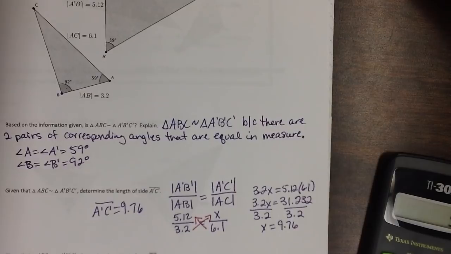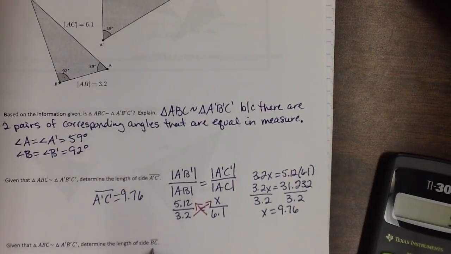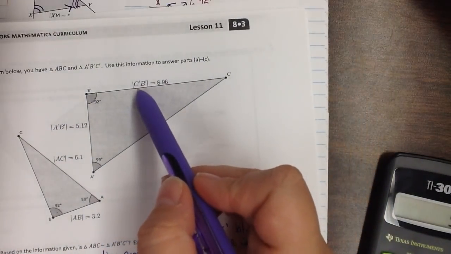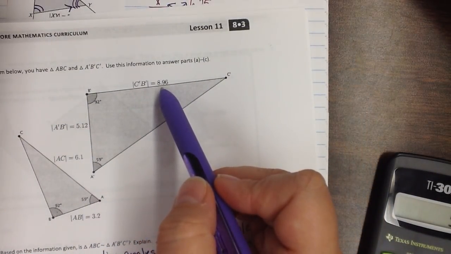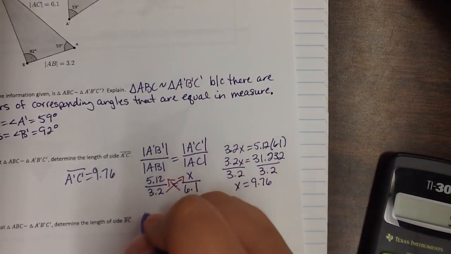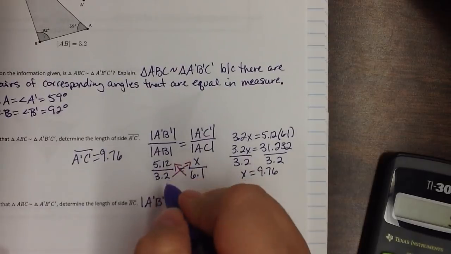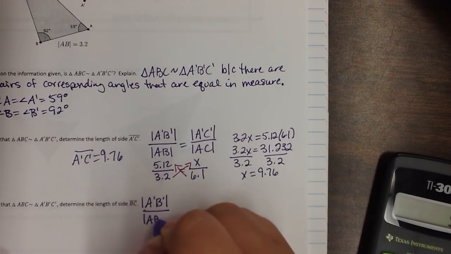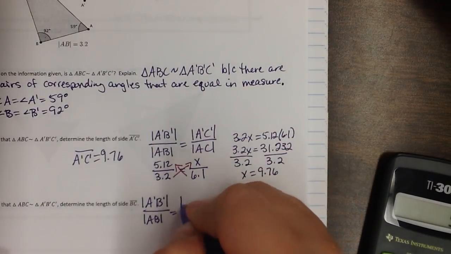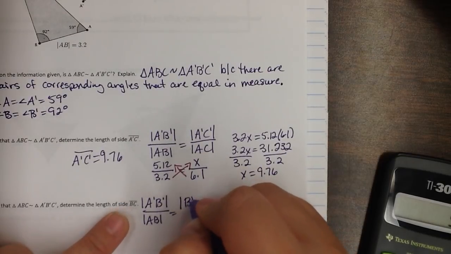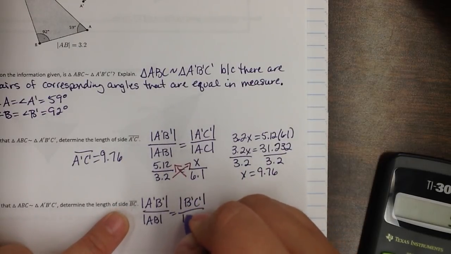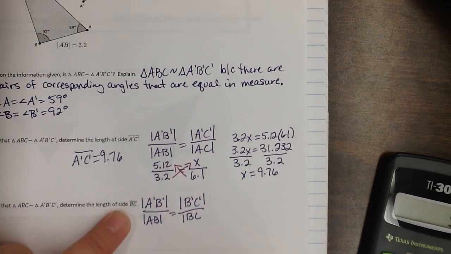We're going to do the same thing for side BC. We don't have that length, but we know up here that C prime, B prime is 8.96, so we're going to do the same thing. So the distance from A prime, B prime over the distance from A to B equals the distance from B prime, C prime over the distance from B to C. So A prime, B prime is 5.12.